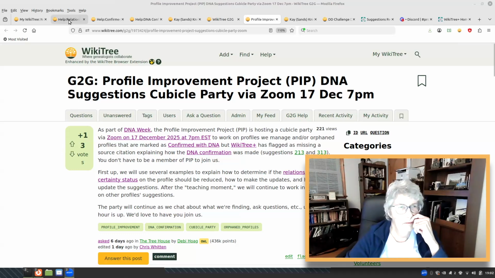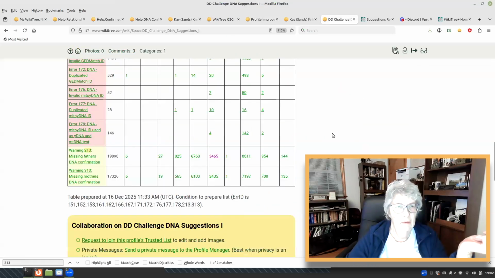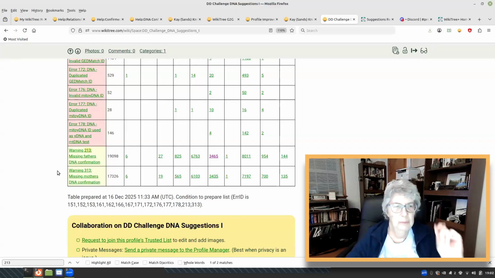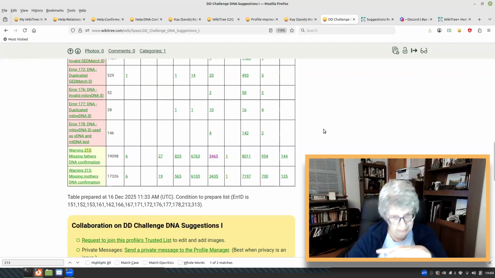So a good place to start is what we're going to look at are the suggestions 213 and 313, which are saying you've set the status that you've confirmed a relationship with DNA, but you don't have the DNA confirmation statement.